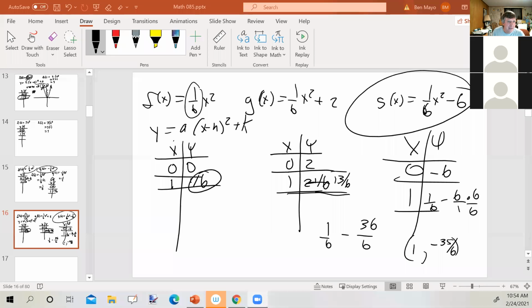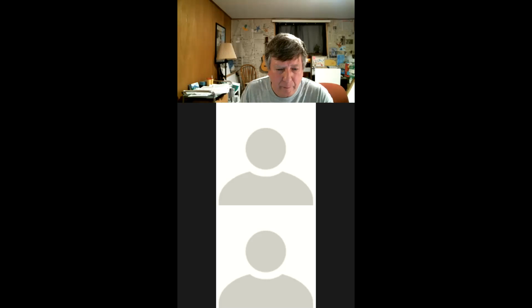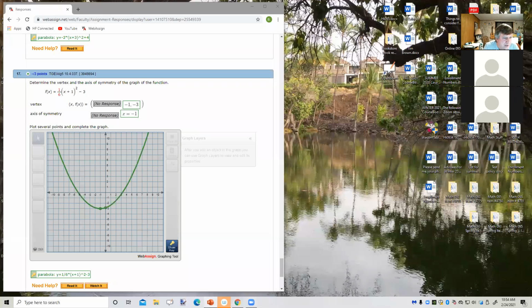Now let's go back to, let's see. I think I was getting ready to look at number 17. It says determine the vertex and the axis of symmetry of the graph of the function. Okay, so f of x equals 1/6 times the quantity x plus 1 squared minus 3.